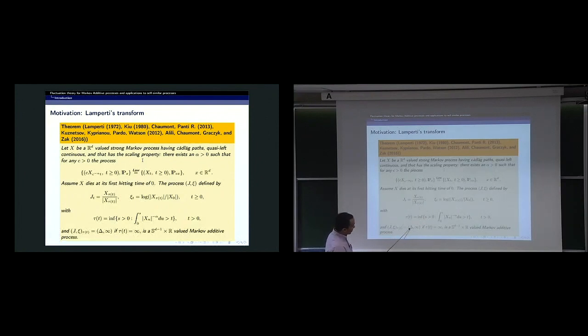When X is equal to 0, I send the process (J, psi) to the cemetery state.